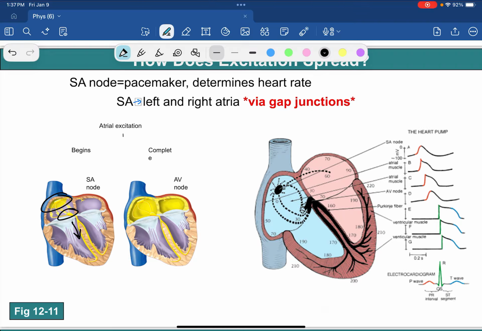Also important to note, as we talked about the parts of the cells in that first slide, is that the signal spreads via the gap junctions, which allows conduction to spread between the atria and ventricles. And then again, just remember that this SA node is that pacemaker.